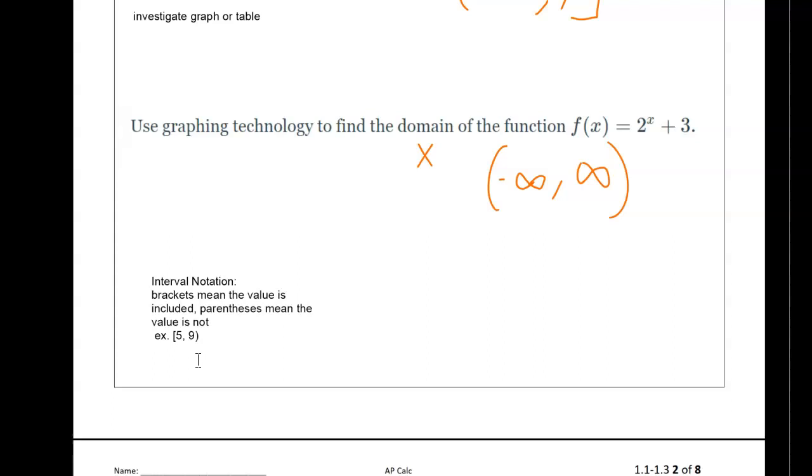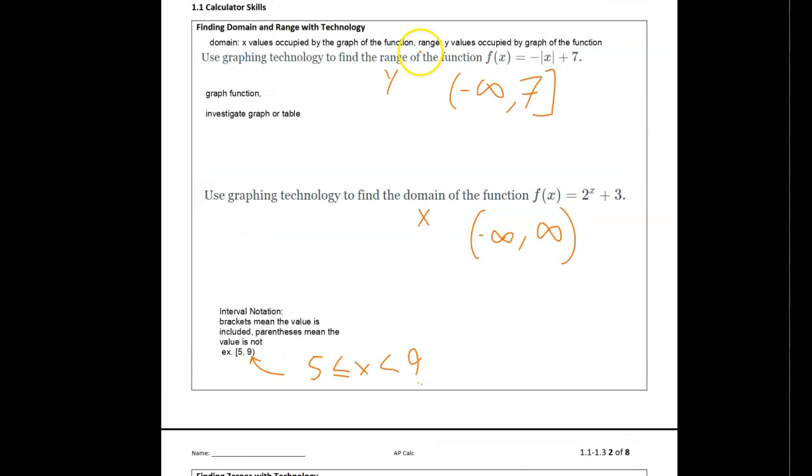So to rewrite this example in inequality notation, really what this says is 5 is less than or equal to x is strictly less than 9. So we'd have an open circle on 9, but a closed circle on 5. You'll use this notation to write down your domains and ranges. And that's why we use the square bracket for 7, because 7 was part of the graph of f here.